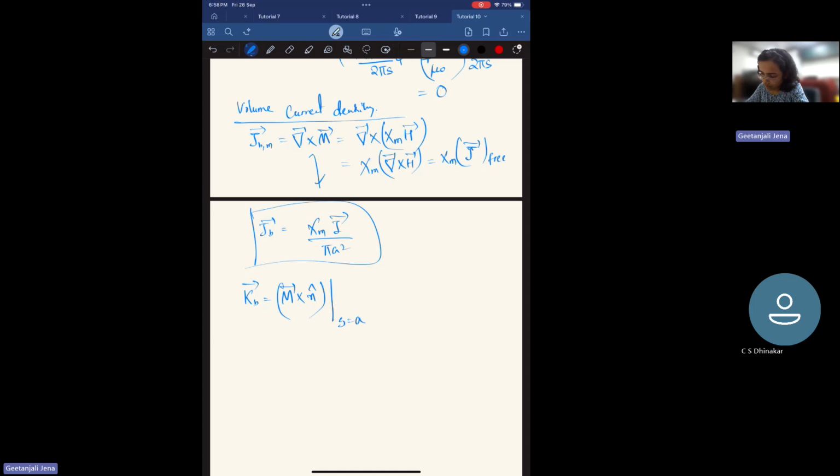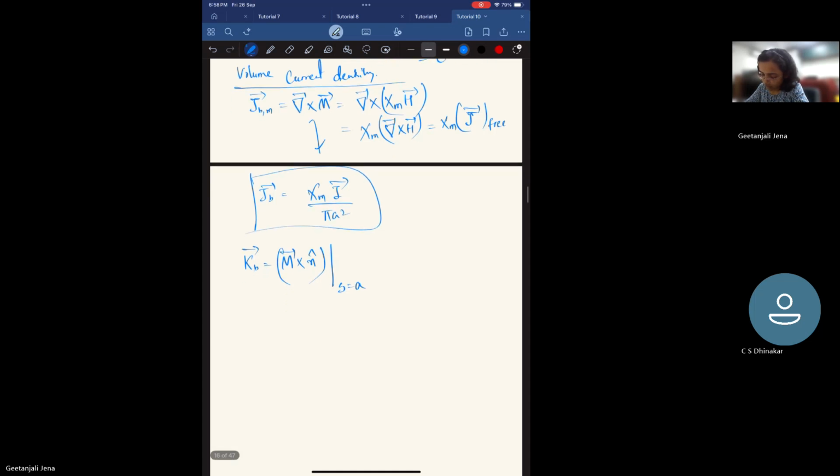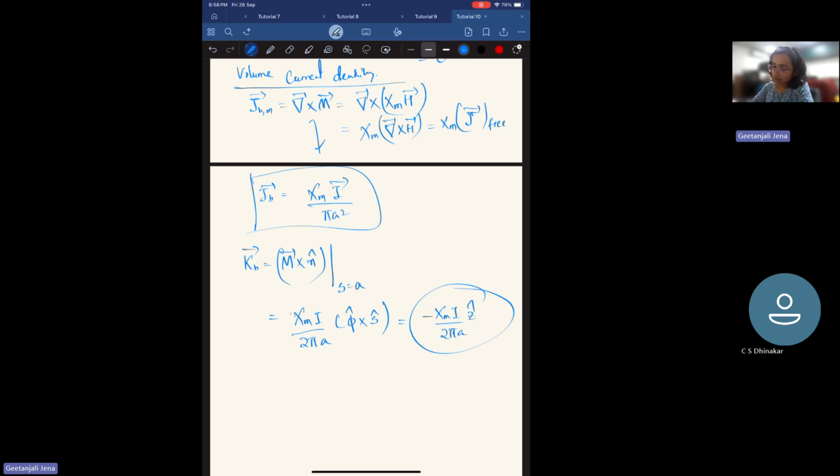So this is chi m I by 2 pi a, phi cross cap, which is chi m I by 2 pi a z cap. This will be the surface bound current density.